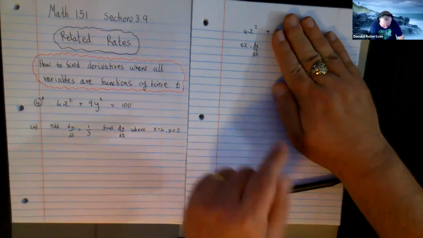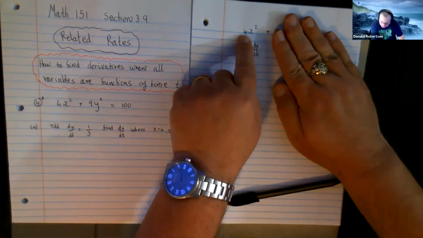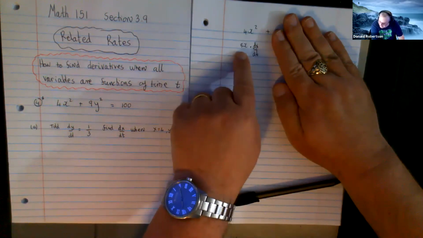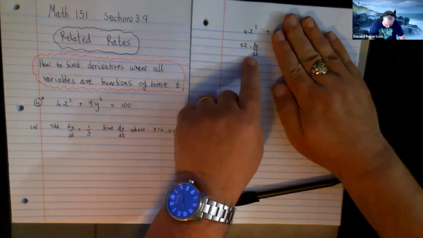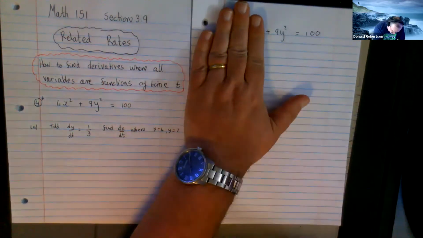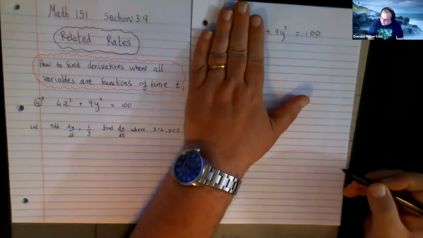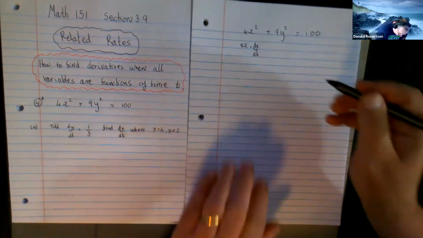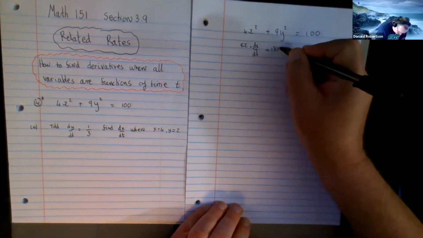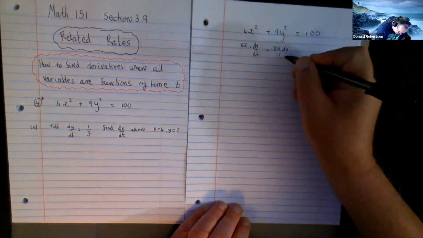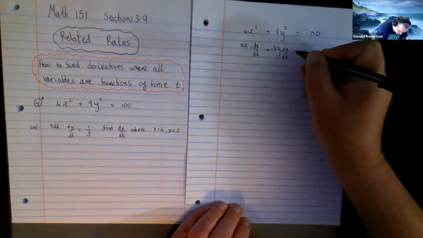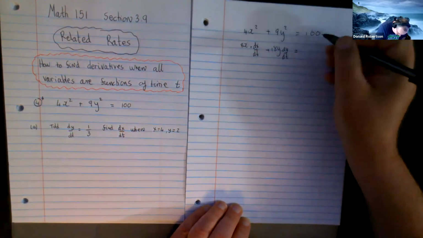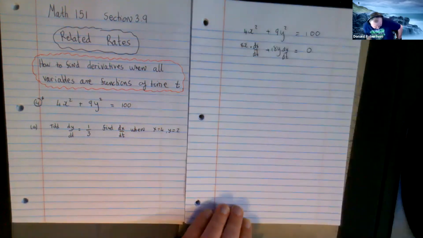So if you differentiate 4x squared with respect to time, you get the 8x and you get the dx by dt. And when you differentiate 9y squared with respect to t, you get 18y dy by dt. And when you differentiate a number, you get 0.